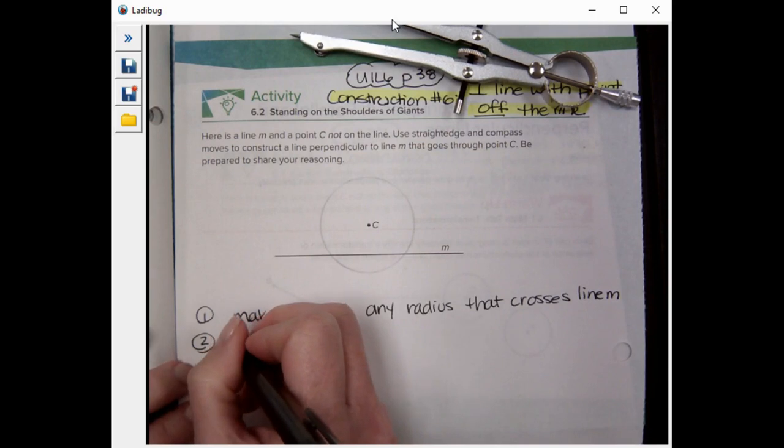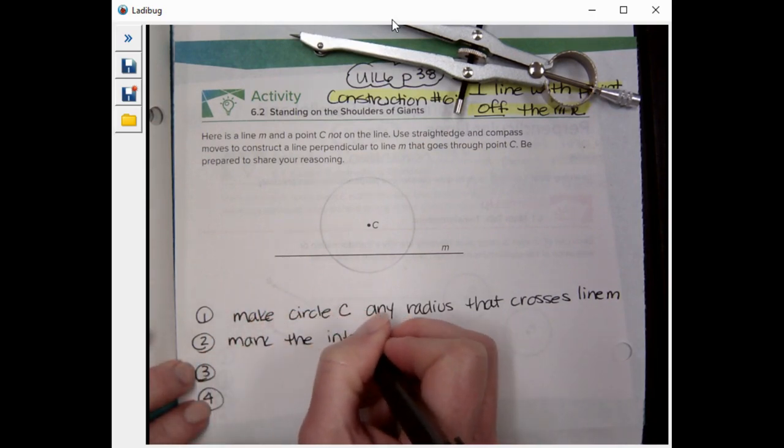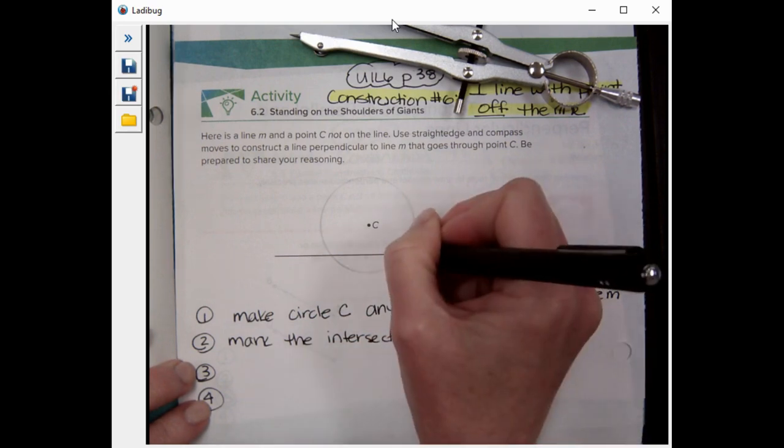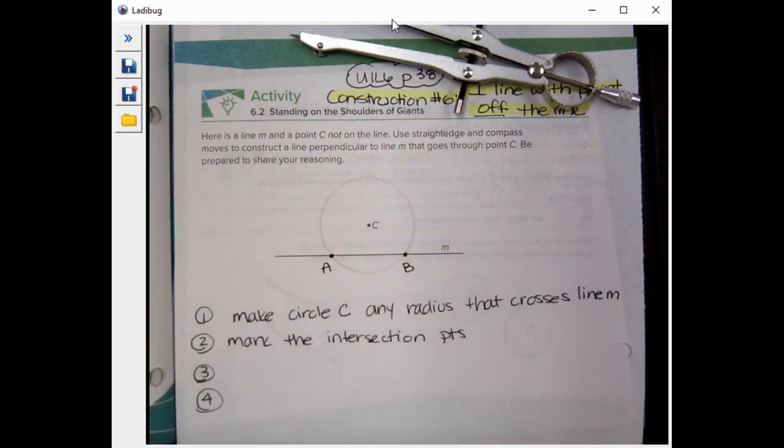So next, we're going to mark the intersection points. And on a quiz or test, you would not need to label these, but I'm going to label it A, B just so I can talk about them. So here is what's going on.